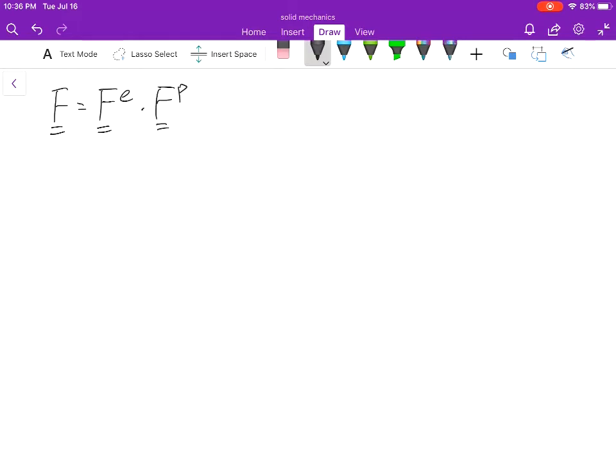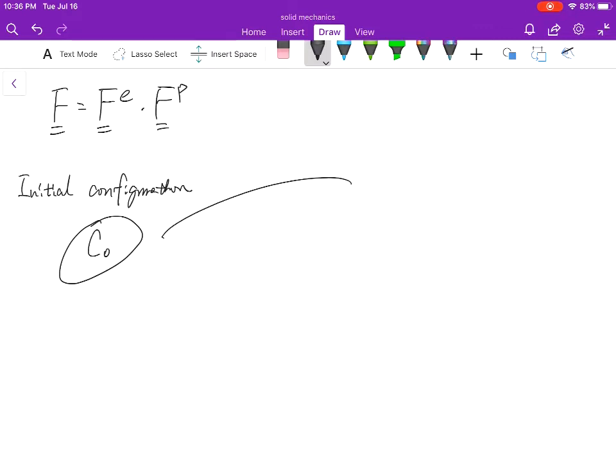Okay, first, let's consider a material at its initial configuration, and we name it S0.